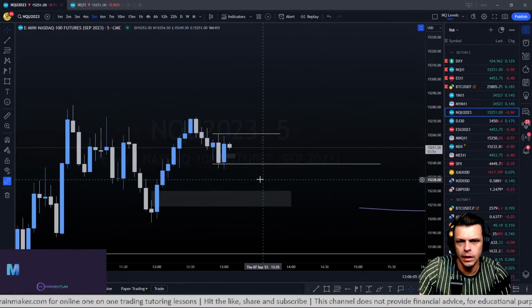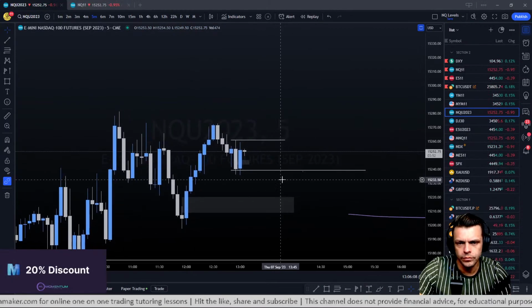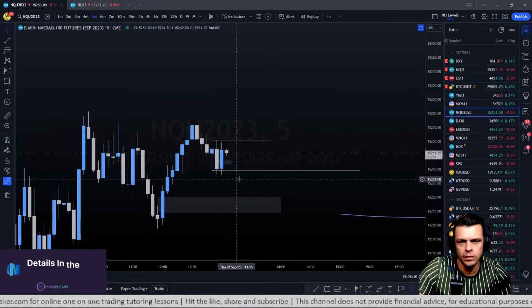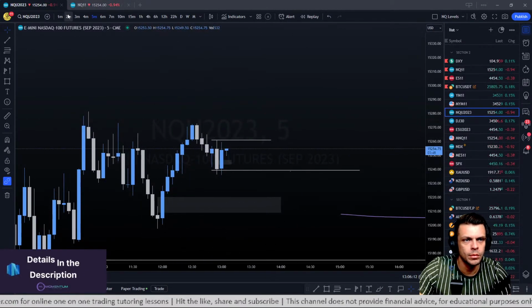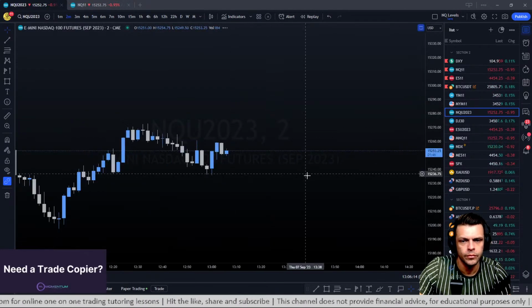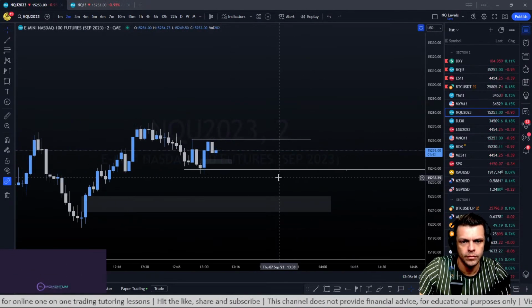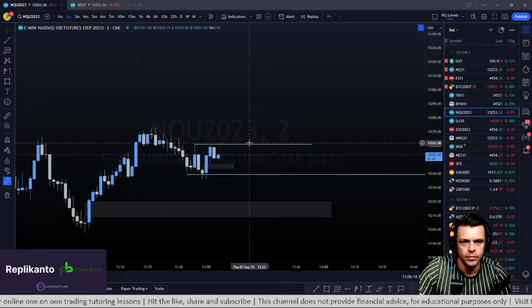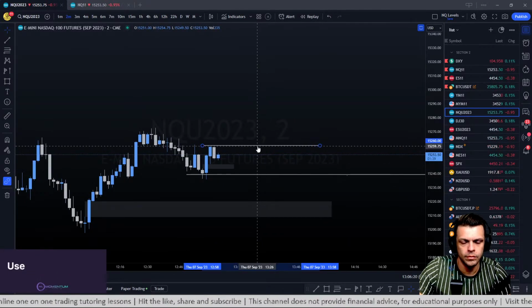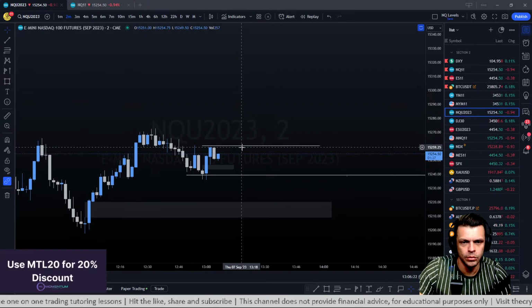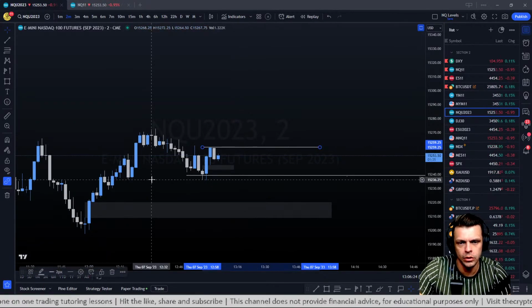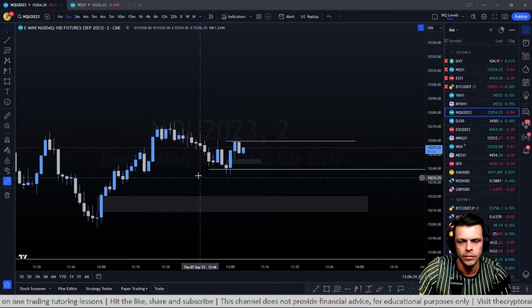Alright, not doing anything yet. Wait, it might. Go back to the 2 minute. Okay, so that is the new lower high. So now it needs to displace above this high.